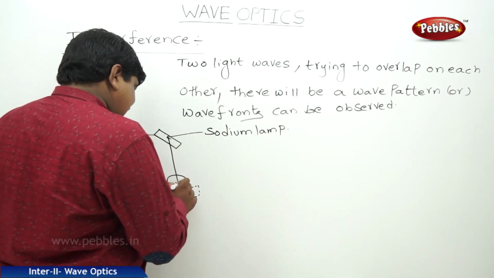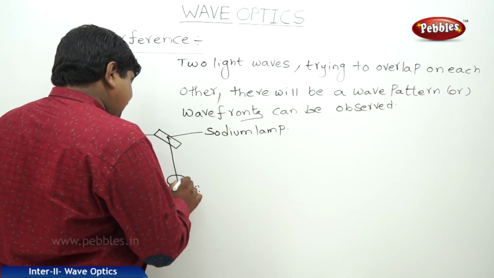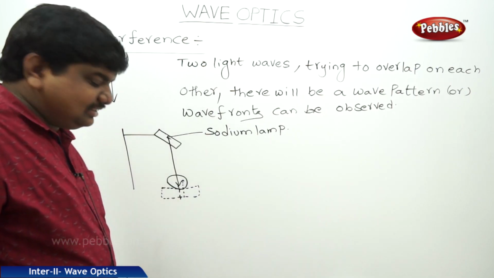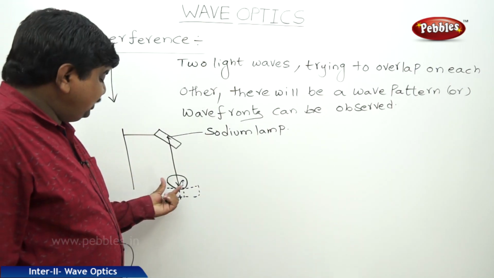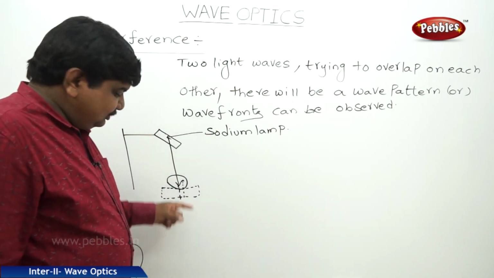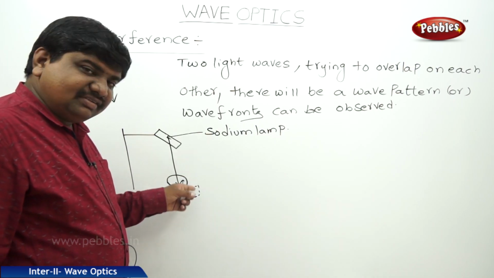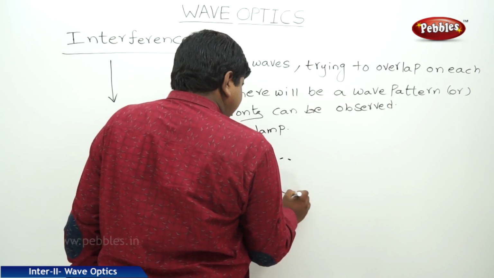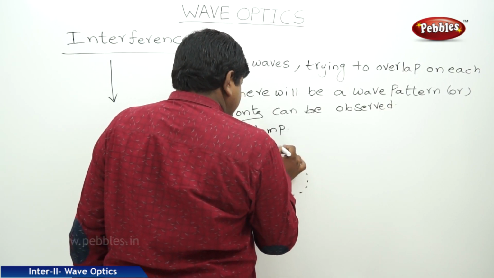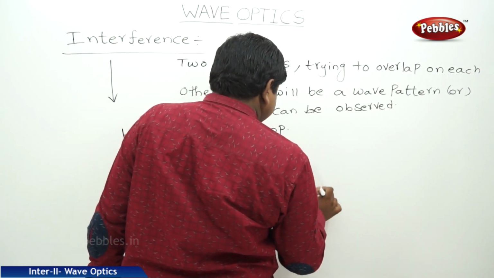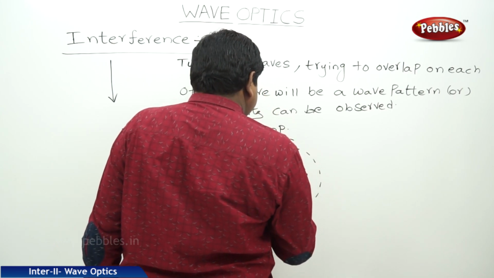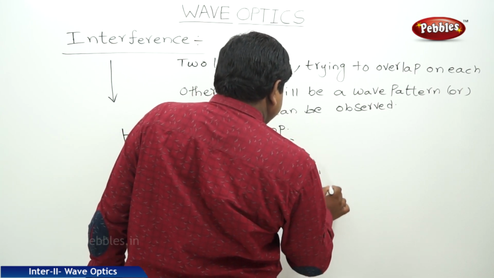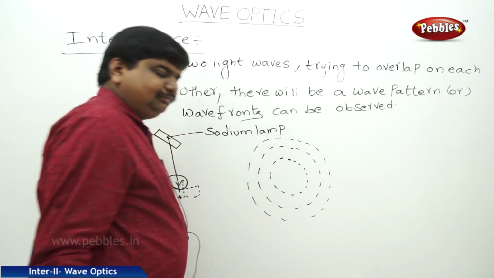That's why the incident light and reflected light try to overlap on each other. Along the circumference of this lens, we can observe dark and bright fringes consecutively. It appears as a fringe pattern.